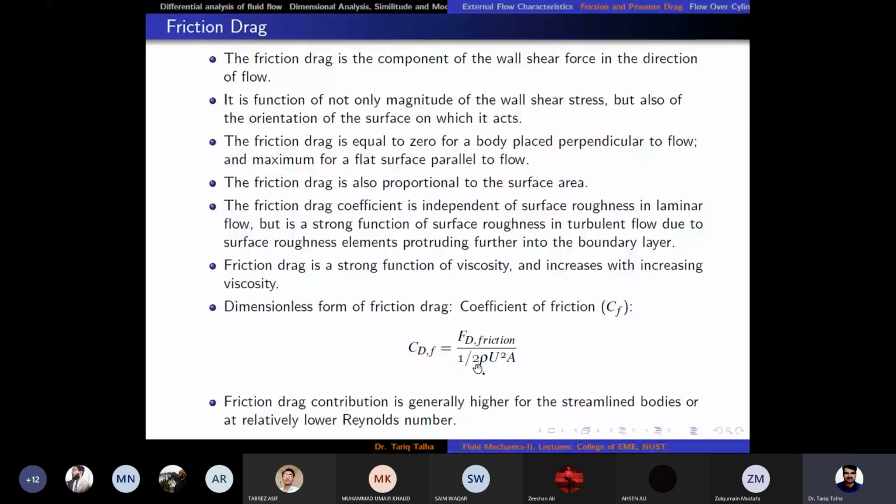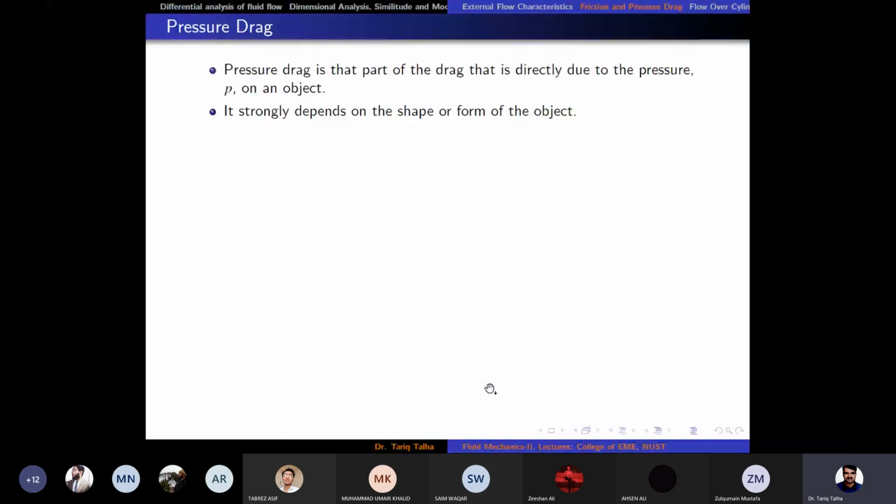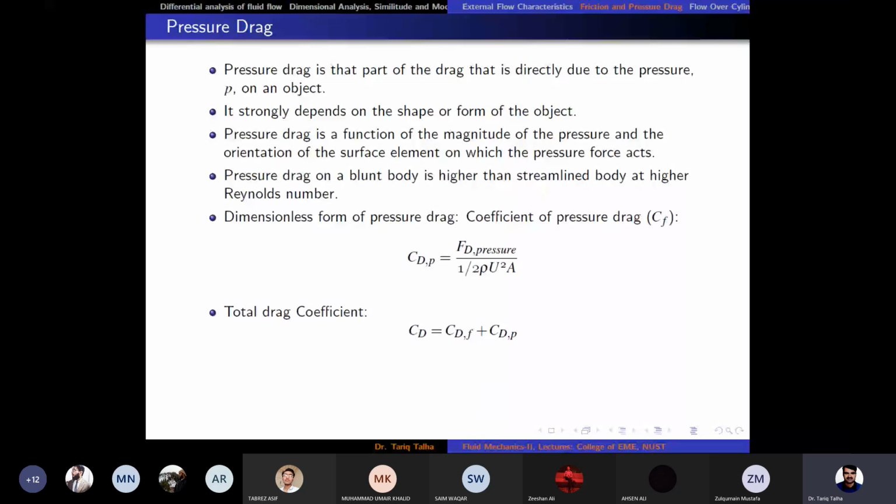We also discussed the pressure drag in the last class. And the total drag on a body is the summation of drag force due to friction and drag force due to pressure difference, right?